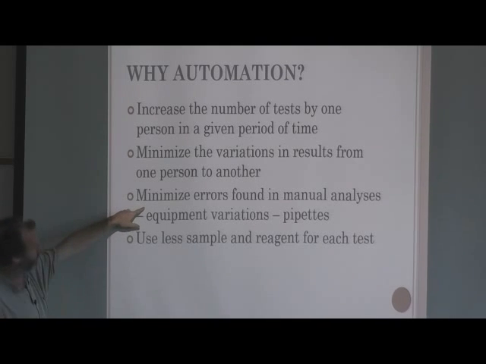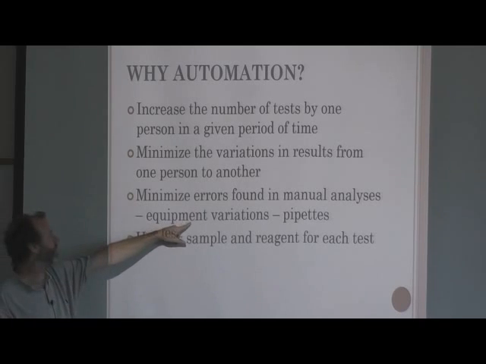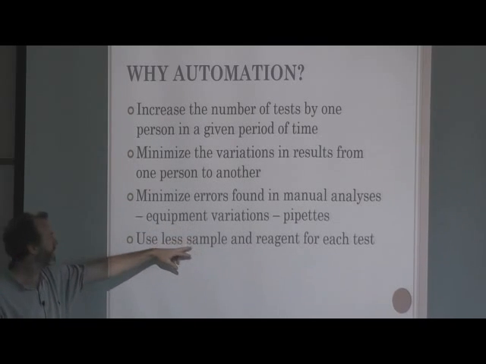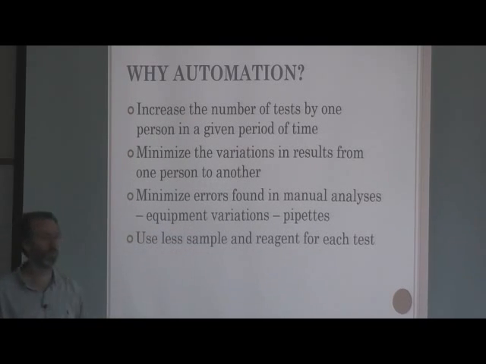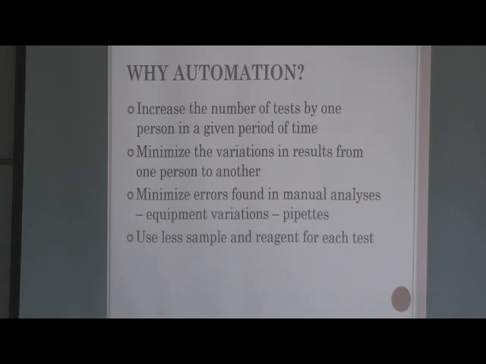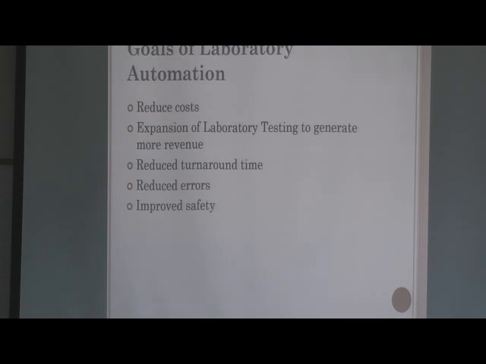It minimizes errors found in manual analysis, equipment variations such as pipettes, and uses less sample and reagent for each test. So automation really cuts down on the amount of reagents and samples that you're going to be using, so it can spread that sample out more, and it allows for saving on reagent cost. And the goals of laboratory automation are basically reducing costs, right?